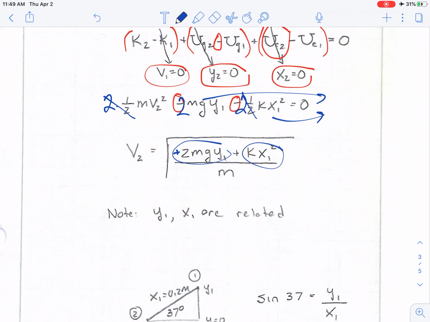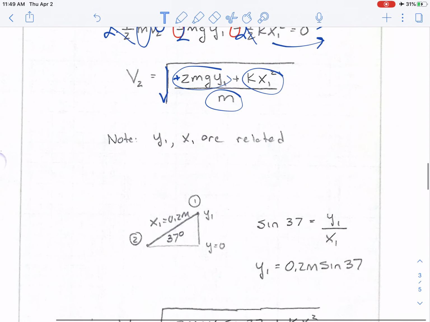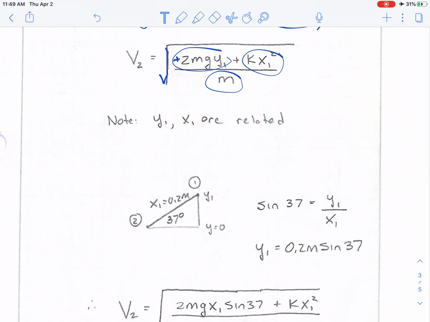And divide both sides by m because that's the coefficient of v squared, and that's why we divide by m. And since it was squared, you are taking the square root, and that's what we have. So this is our equation. Again, try not to plug in any numbers, and you'll see you can catch your mistakes better, because sometimes you will mess up with the signs and such.